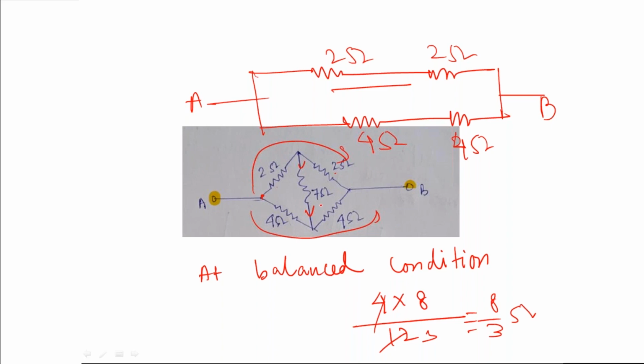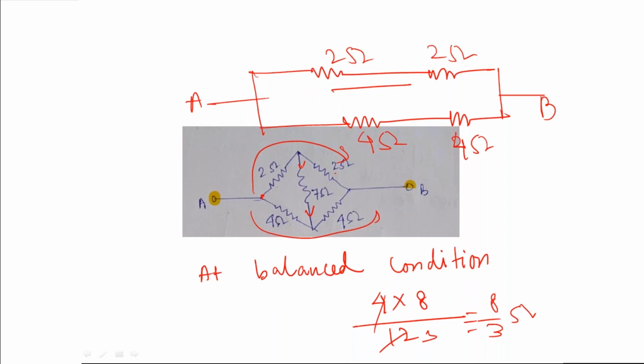This is actually a problem which you may get in your board exam or maybe any competitive exam also. This seems to be very simple, but at that time you may not be able to find out whether this is a balanced condition, or what is the way I should follow to get the equivalent resistance for this. So whenever there is a Wheatstone bridge given, you have to remember that you have to see whether this bridge is at balance condition or not.